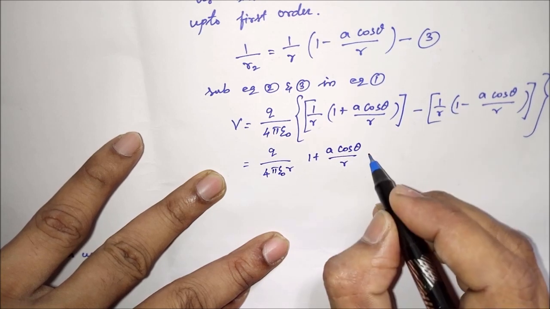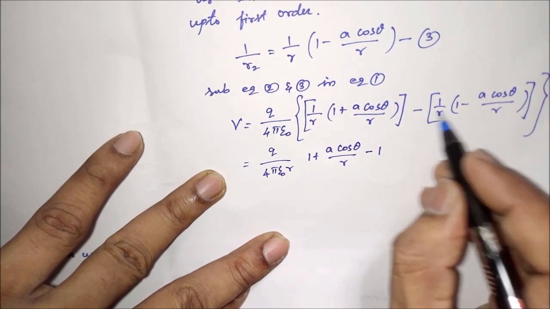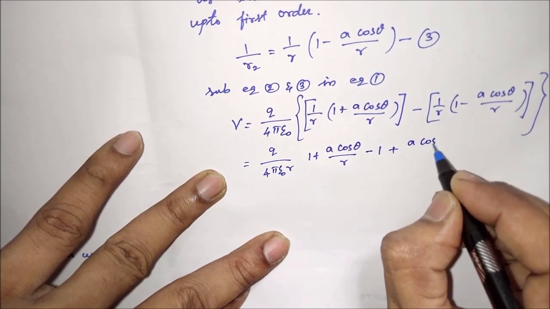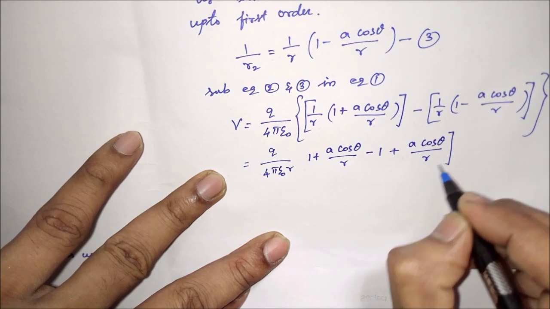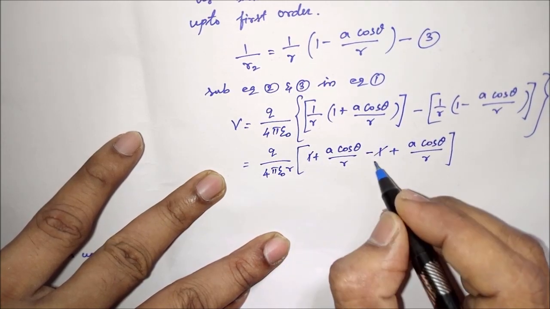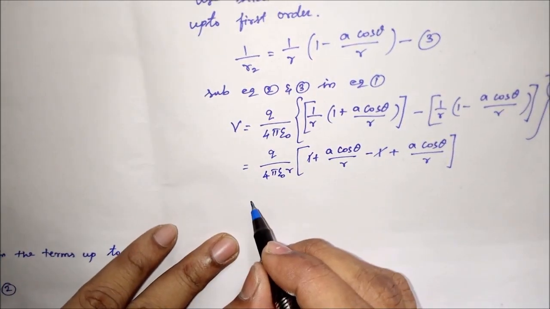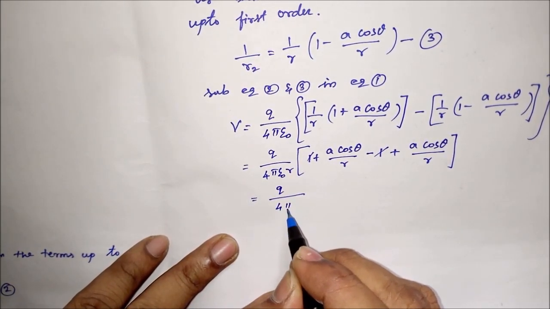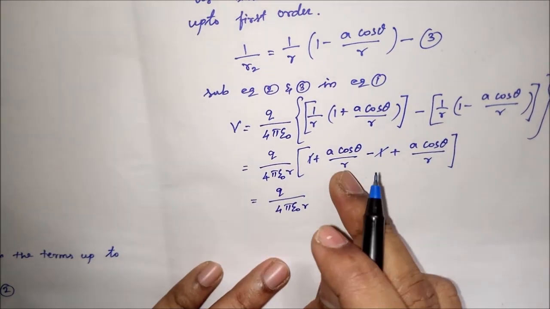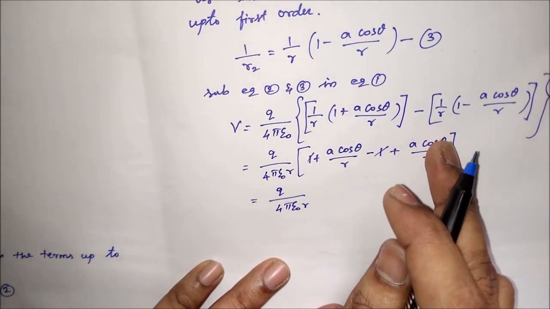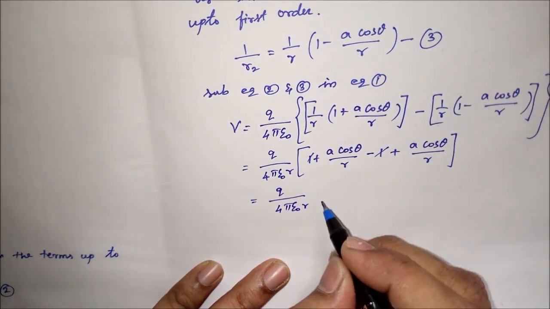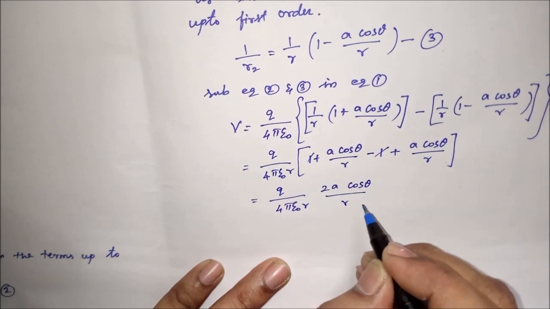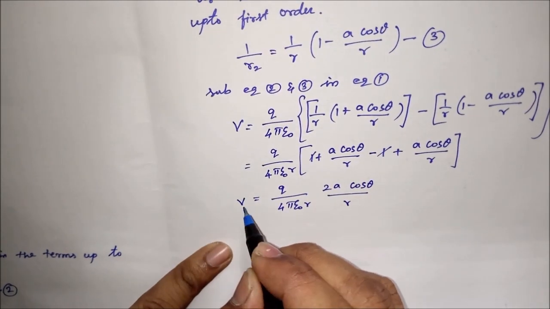Then this minus we multiply inside, so minus into minus becomes plus, a cos theta divided by r, and the 1 and minus 1 get cancelled. So a cos theta divided by r plus a cos theta divided by r; when you add, you get 2a cos theta divided by r. So this is nothing but capital V.